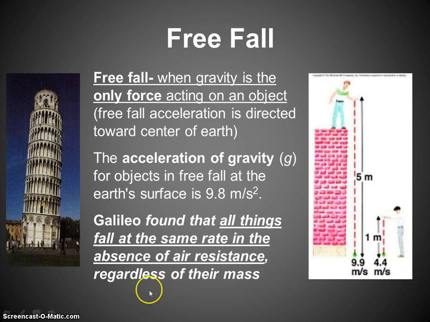And it was a great experiment. He did this from the Leaning Tower of Pisa. He had several similarly shaped stones of different masses, dropped them from the tower, and they hit the ground at the same time. Therefore, if there's no difference in air resistance, then they're going to hit the ground at the same time. It was something he used to develop that concept of free fall.